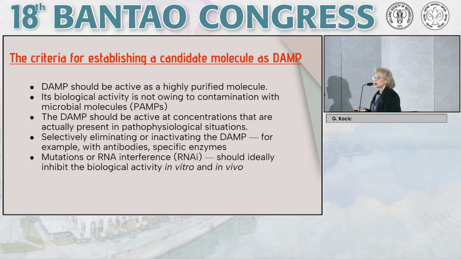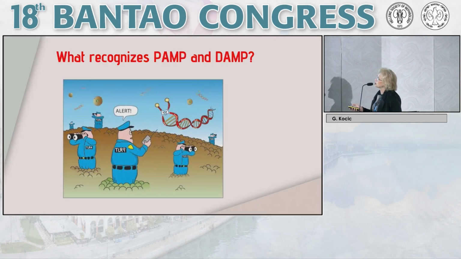They should be active at physiological concentration, and a dose-dependent effect should be noticed when they are purified. Also, they can be inhibited by specific antibodies or by specific microRNAs.